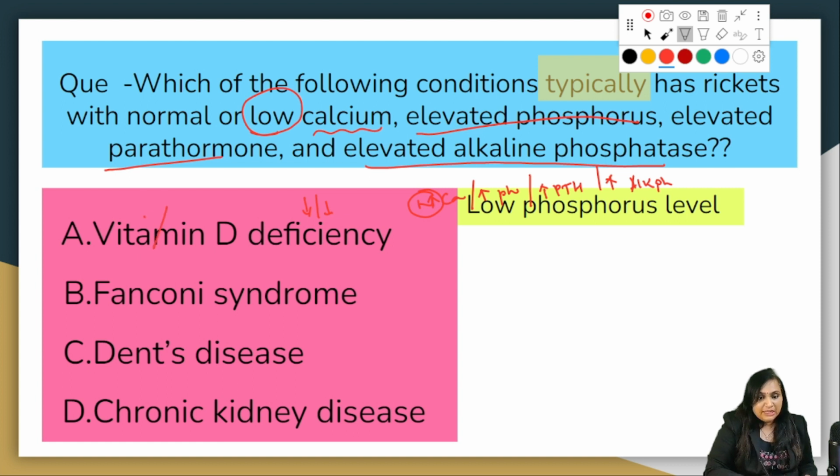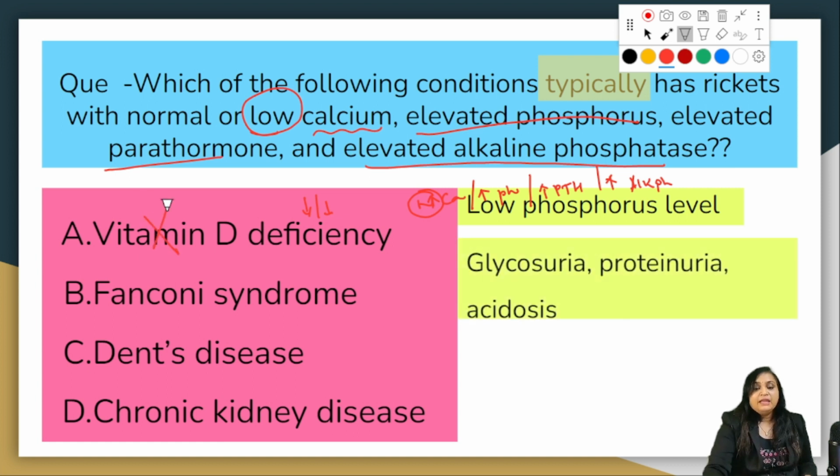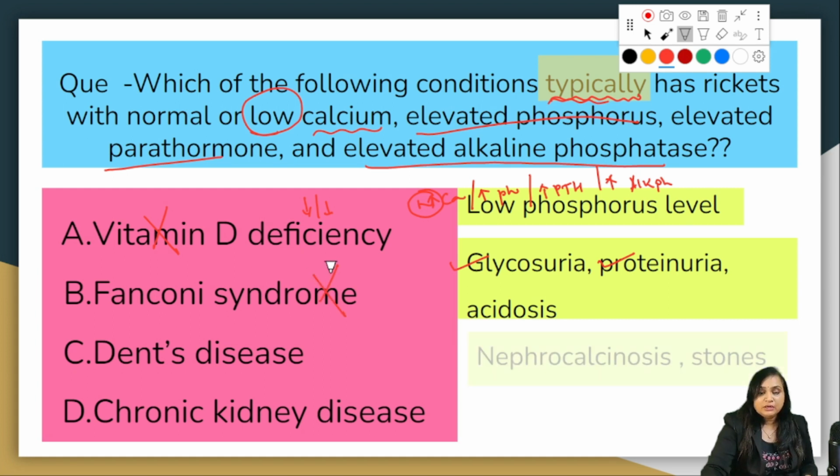So option A is out. In Fanconi syndrome, it is mentioned typically. In typical Fanconi syndrome, there should be acidosis, glycosuria as well as proteinuria, which is not mentioned here. So Fanconi is also out.